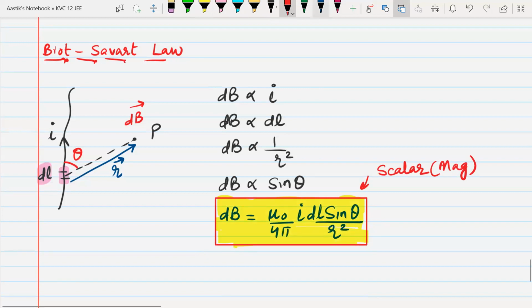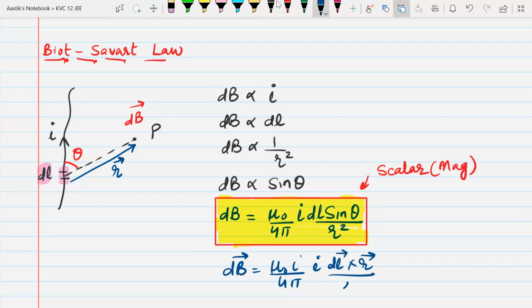There is a vector formula of magnetic field as well, and the vector formula for dB looks like this: mu naught I by 4 pi, I into dl cross r divided by r cube.